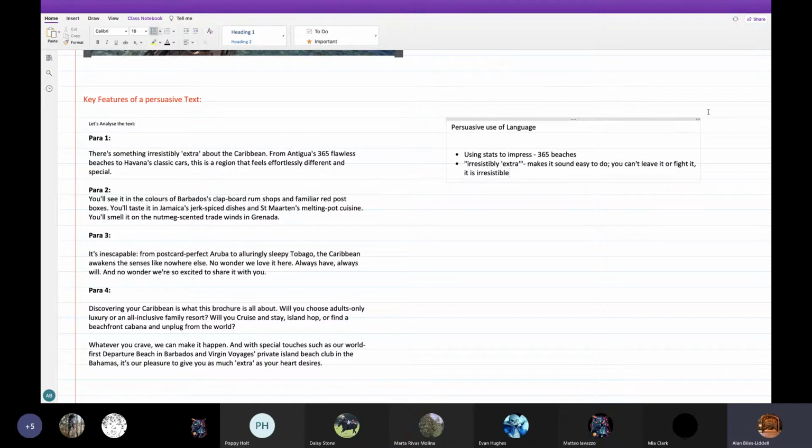It's this idea that it is irresistible. So the minute you clap eyes on it, you will need to go there. You need to be there. Good. What about the use of the inverted commas around the word extra?